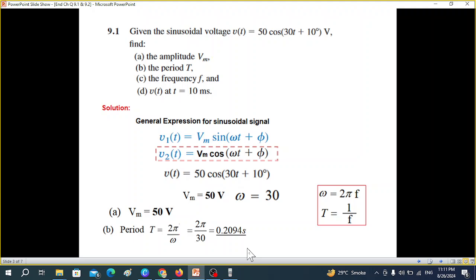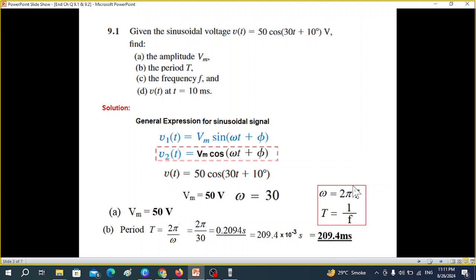0.02094 second. But this is not in the scientific form. So we'll write it in proper form, which is 209.4 times 10 raised to the power minus 3, which can be more appropriately written as 209.4 millisecond.